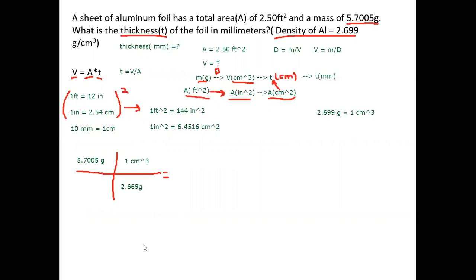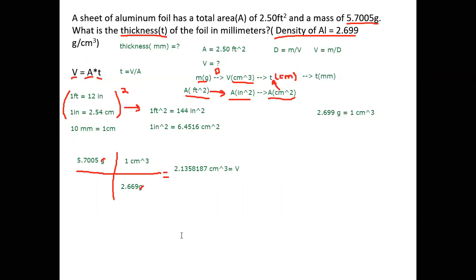So you see grams cancel, and we're left with centimeters cubed. Now again, when you get this answer, make sure you keep quite a few significant figures. Okay. So that's the volume.